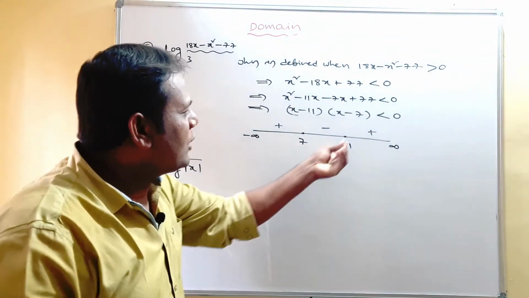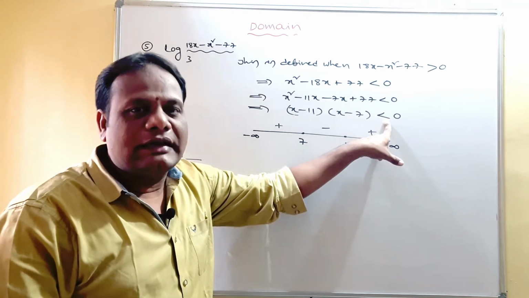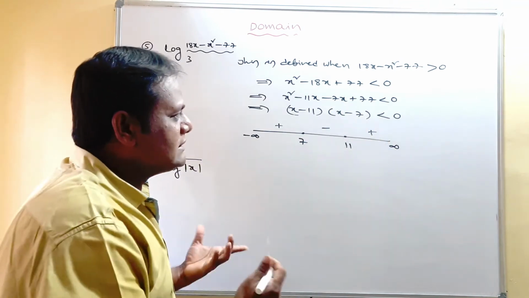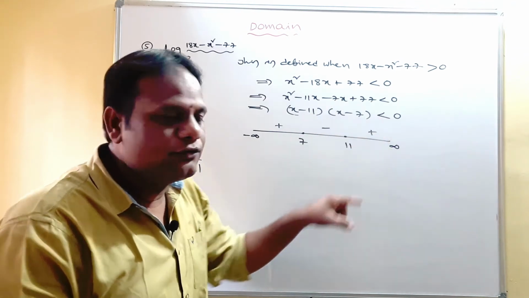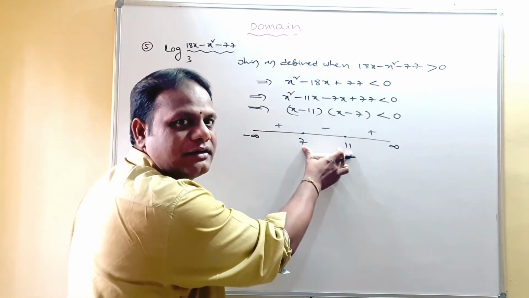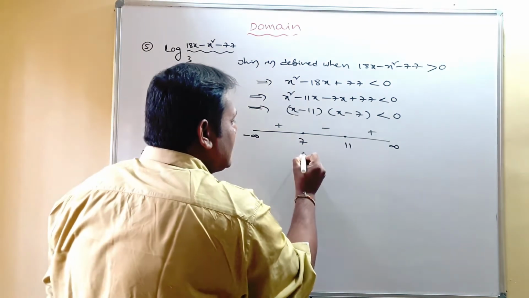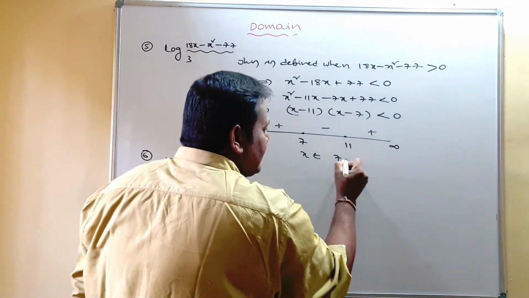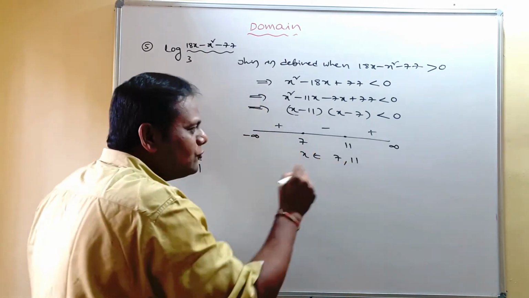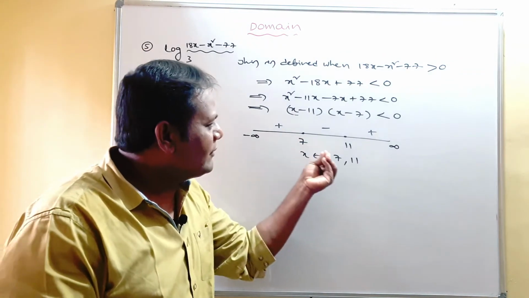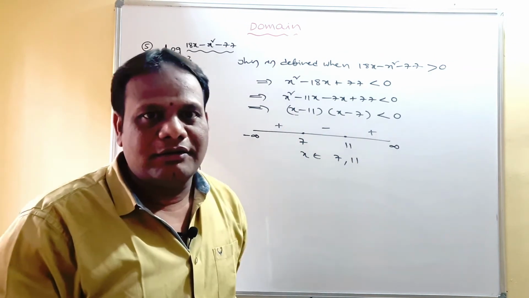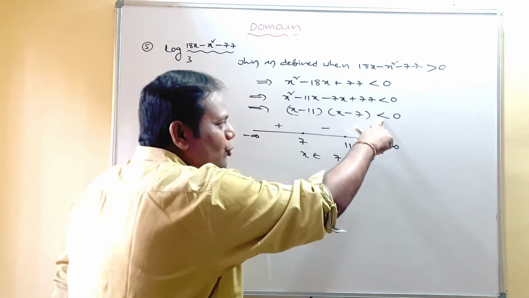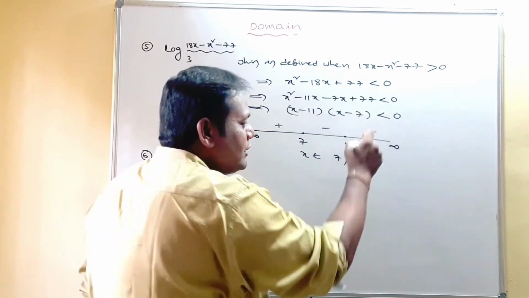Now what we want? We want less than 0. Less than 0 means negative. Where is it negative? Between 7 and 11. So the answer to this problem is x belongs to 7 comma 11. Now our doubt is whether 7 and 11 are included or not. Here only less than we have, there is no equal to sign.